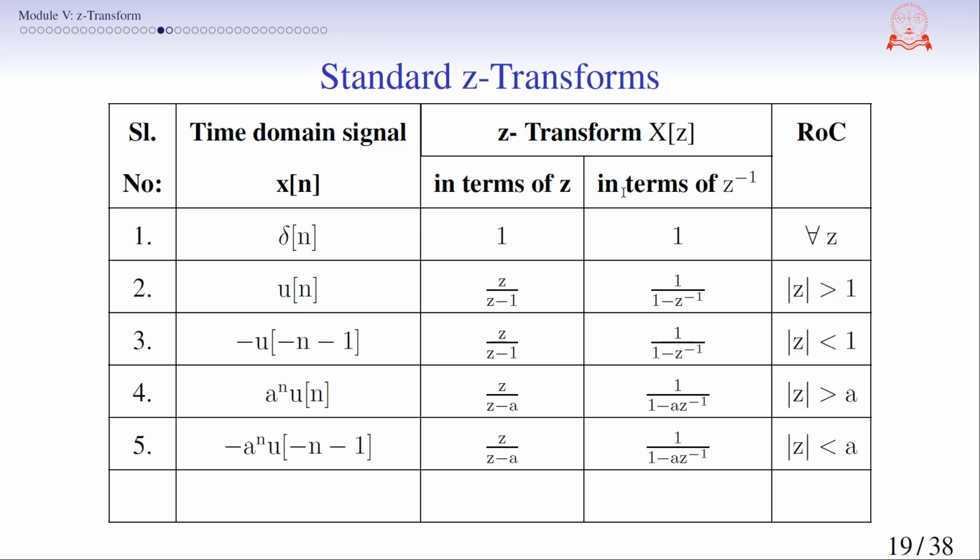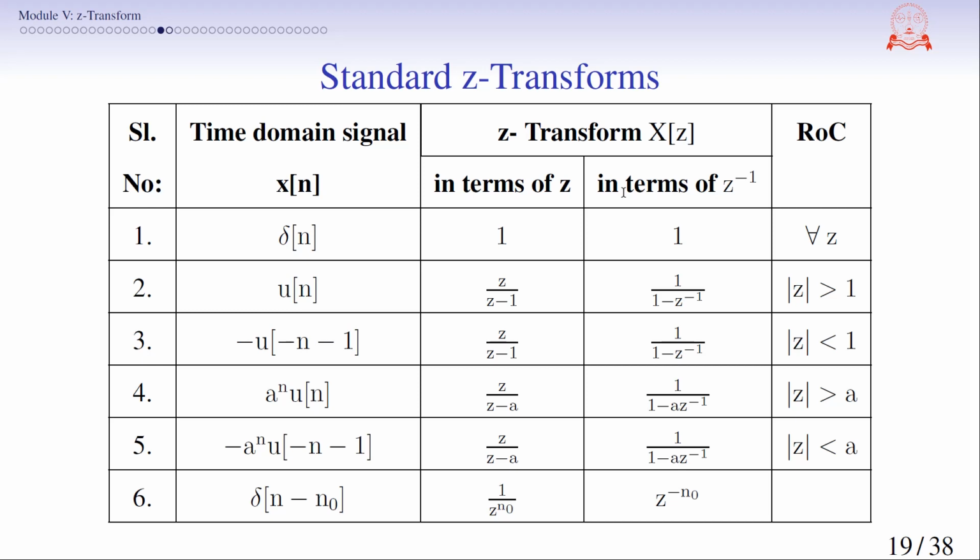For minus a raised to n u of minus n minus 1, the Z transform is same as that of a raised to n u of n, but the region of convergence is mod Z less than a.